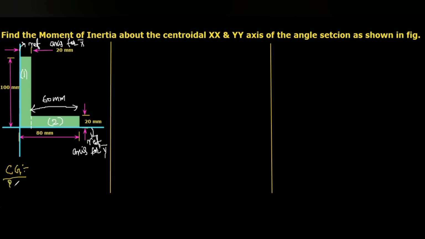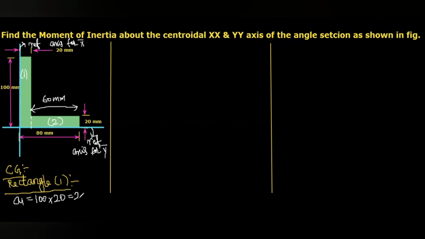First for rectangle 1. We know that for the first rectangle, A1 is the multiplication of 100 mm and 20 mm. So 100 multiplied with 20, that is 2000 mm square. Then x1 and y1, both we are going to consider.